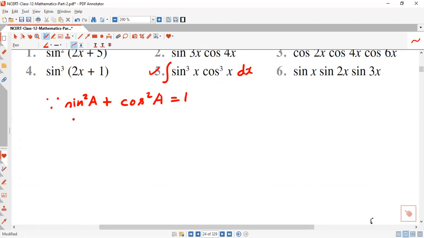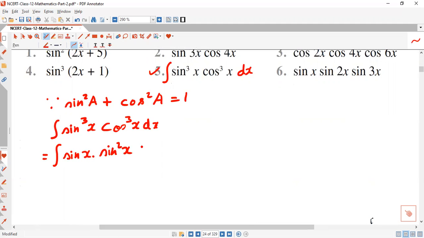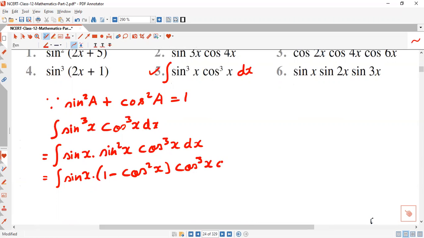So this integration sine cube x cos cube x dx can be written as, I take sine cube x, integration of sine x into sine square x cos cube x dx. This sine square x I can write in cos terms: sine x into 1 minus cos square x cos cube x dx.